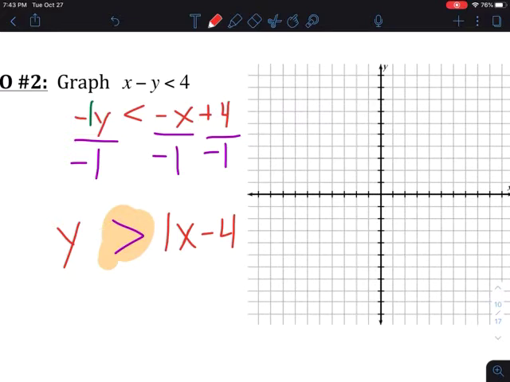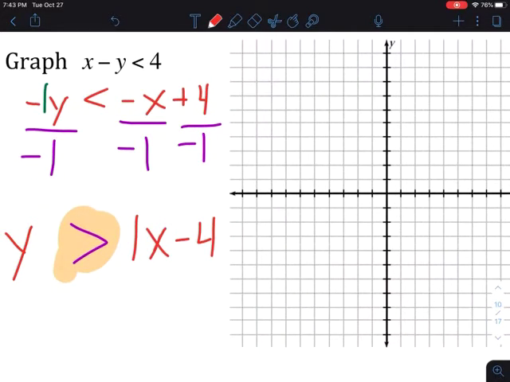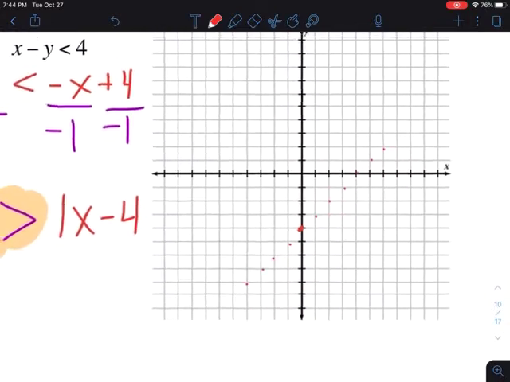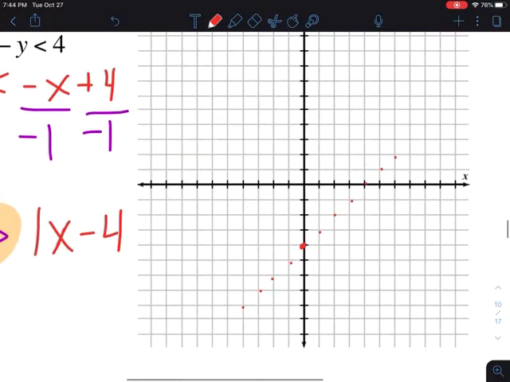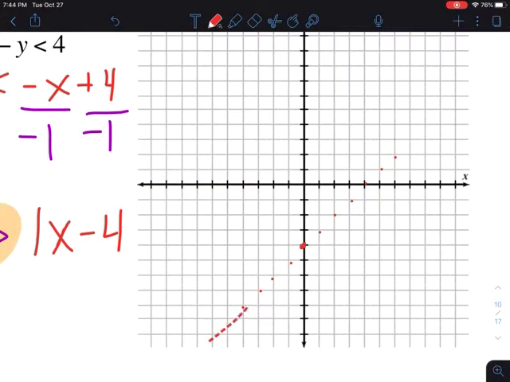And now we're ready to graph. The y-intercept is -4. The slope is 1, so up 1, right 1. And the inequality symbol is greater than, so that is a dashed line.